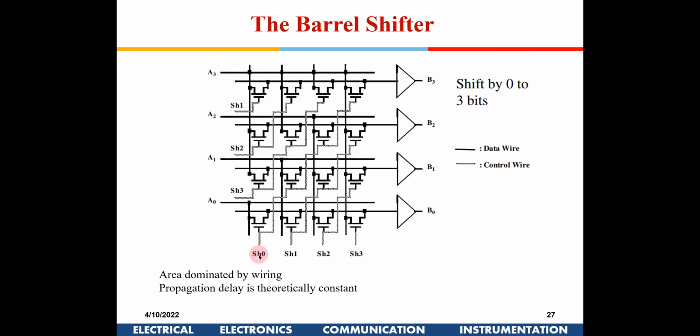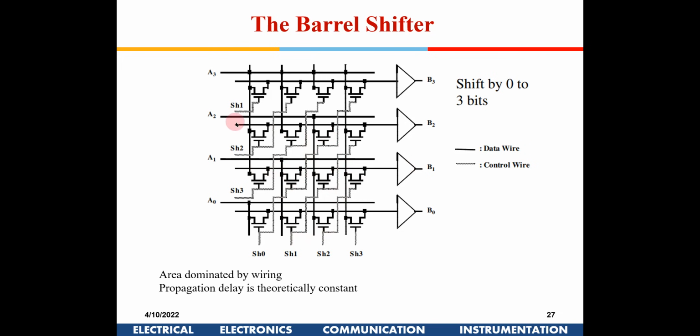If the shift 0 signal is high, this transistor will be activated. So I have A0, through this signal it is coming to B0. Again you will find this transistor is brought here, and this signal is connected here, so I have this A1 being connected, and it is going to come to B1.